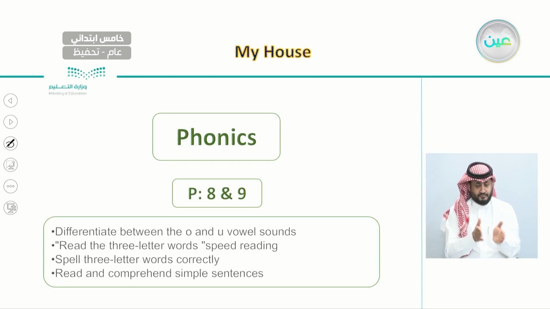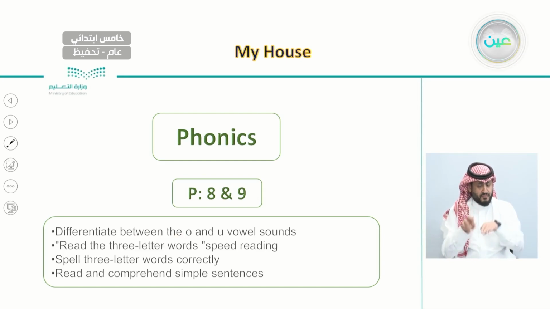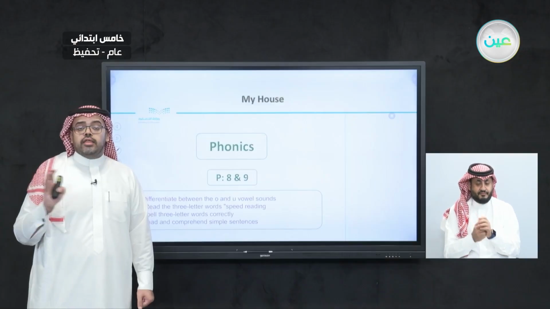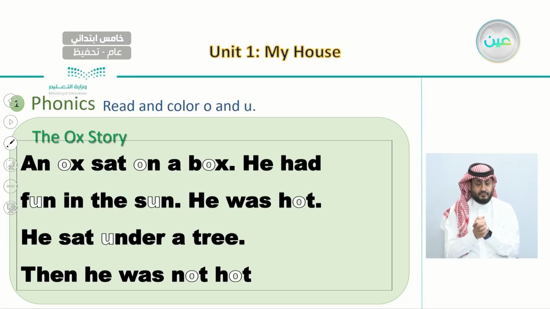Then the last thing we covered was phonics on pages 8 and 9, to differentiate between the O and U vowel sounds, and to read 3-letter words with speed reading, so we can know the differences between pronouncing words that have O and words that have U.